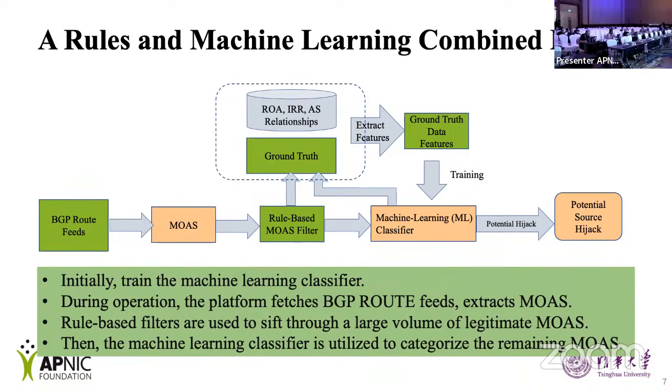During operation, the platform will fetch BGP route feeds and get the MOAS. First, the rule-based filter will filter these MOAS and get the potential hijacking events, and then these potential events go to the machine learning classifier, and finally we get the potential prefix hijacking events.